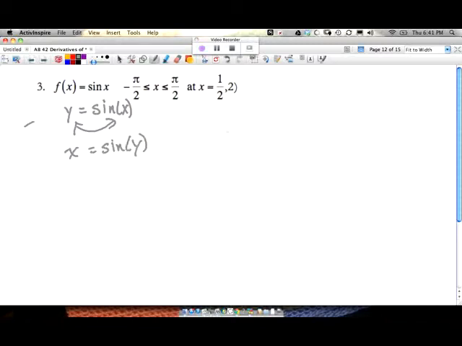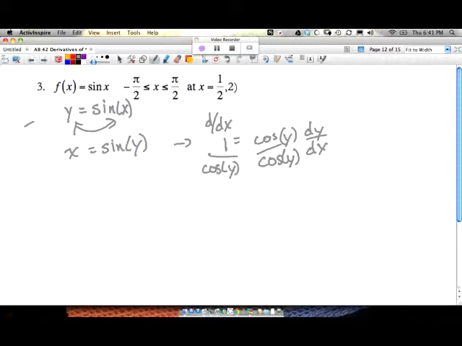We take the derivative, and that gives me 1 equals cosine y dy dx. And then I need to get this dy dx by itself, so I divide both sides by cosine y. That gives me 1 over cosine y equals dy dx, which is excellent.